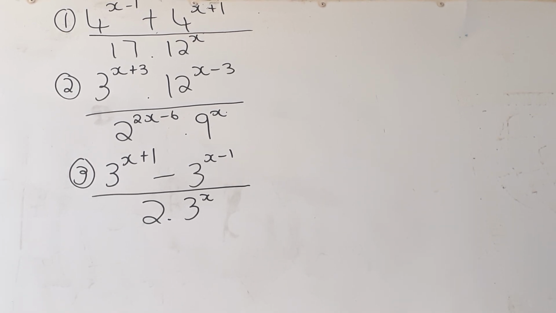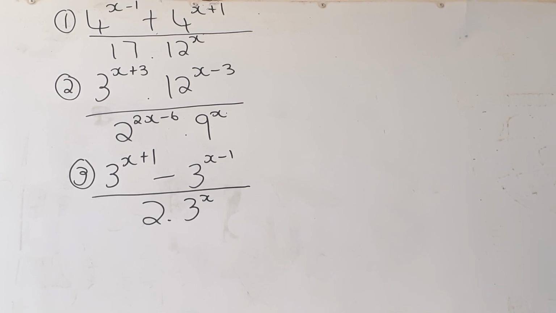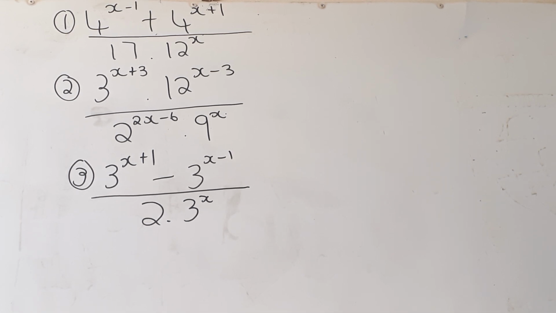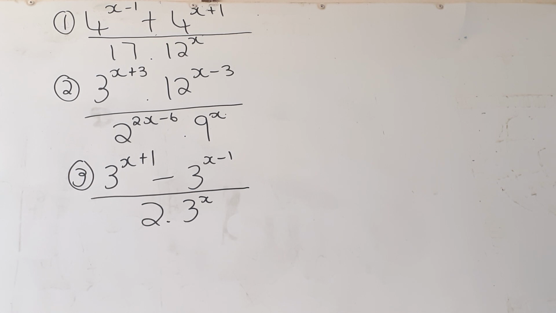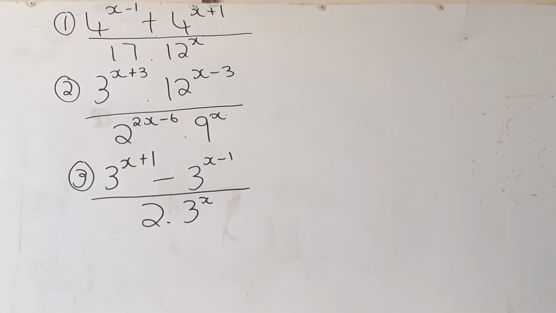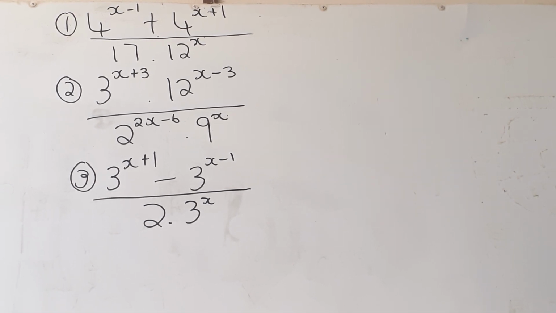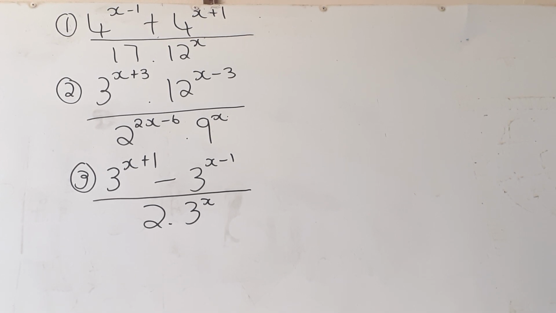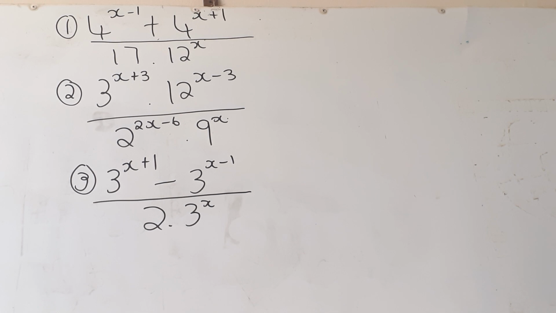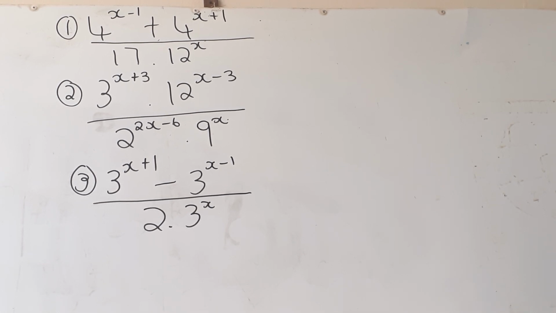Today I'll be showing the difference between these three exponential problems. Let's simplify this together. When we have addition or subtraction separating two terms, like 4 to the power of x minus 1 plus 4 to the power of x plus 1, we have two terms. 4 to the power of x minus 1 is a term, and 4 to the power of x plus 1 is also a term.